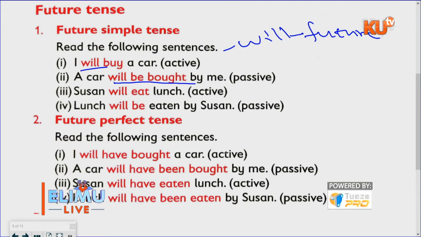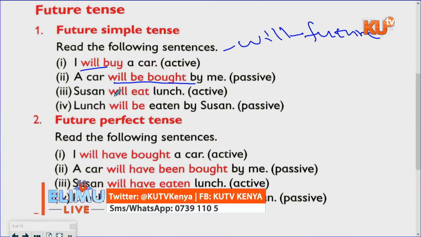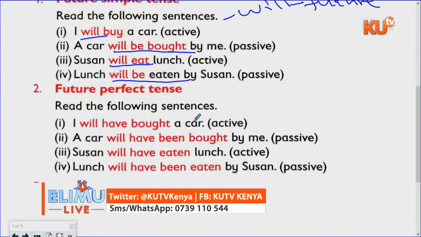Lunch will be eaten by Susan. So "will eat" changes to "will be eaten", changing to the participle.